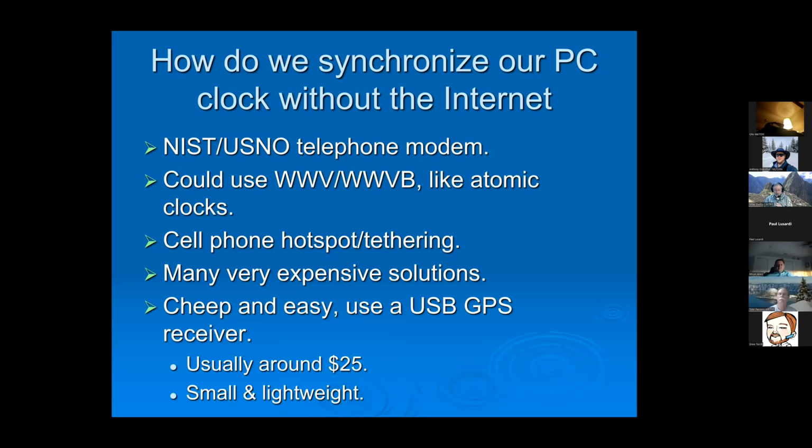You can find those things on eBay or any place out there on the internet for about 25 bucks. You can get them as high as 50, 60 bucks. These have some really high-end receivers and stuff like that. But they're really small, really lightweight, and they really fit the bill.